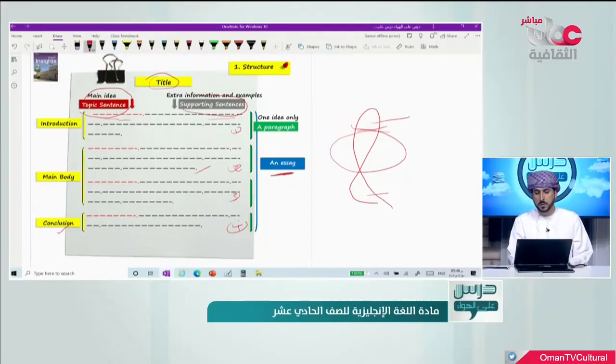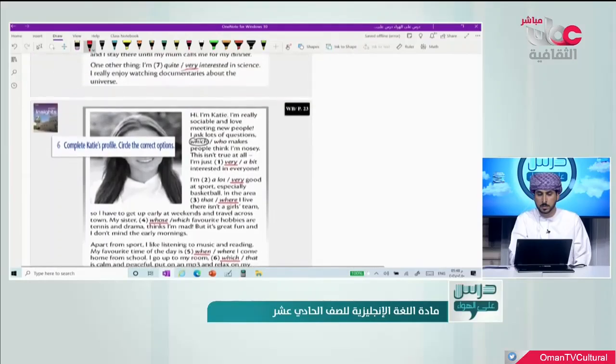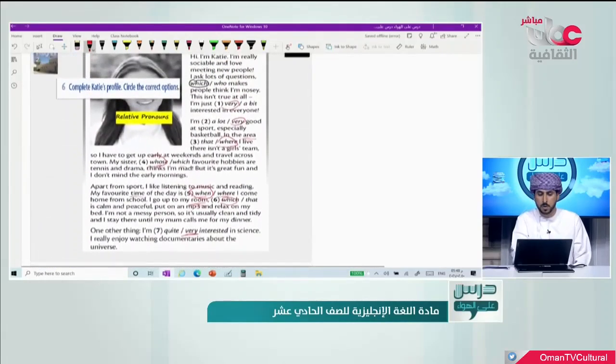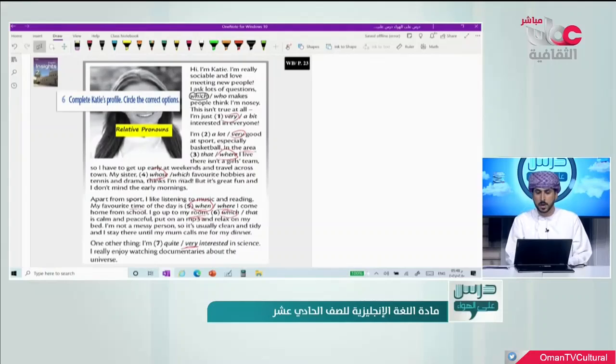Now, after we finish this step, let's go back to the descriptive essay which was written by Kathy, so that we can analyze it and see if it follows the structure that we have explained earlier.